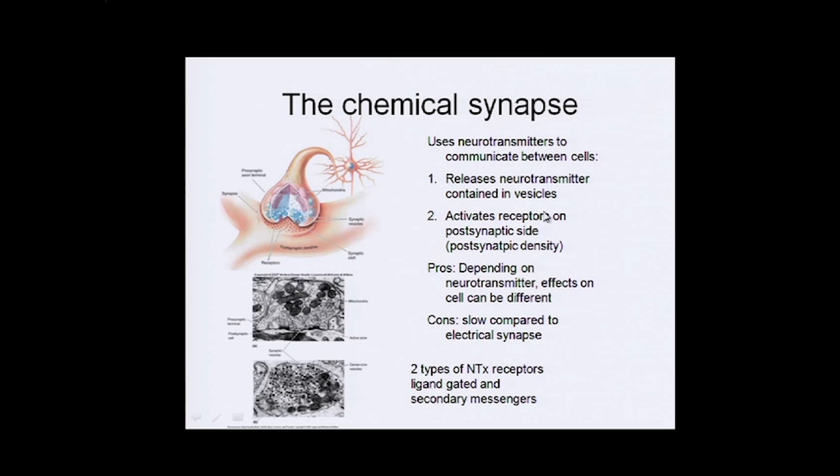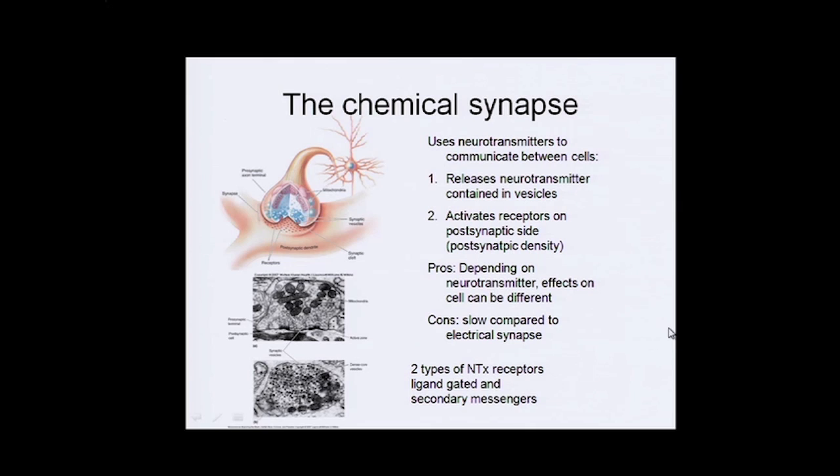Now, the good thing about chemical synapses is, depending on the type of neurotransmitter, you can have different effects. It can be inhibitory or excitatory or something else entirely. However, it's slow because you've got to wait for it to be released, you've got to wait for it to diffuse across, and it's got to activate something, and that activation can take various amounts of time depending on what it's doing.